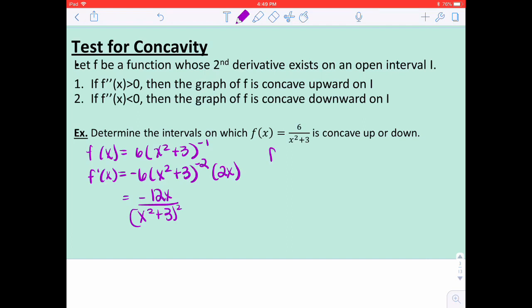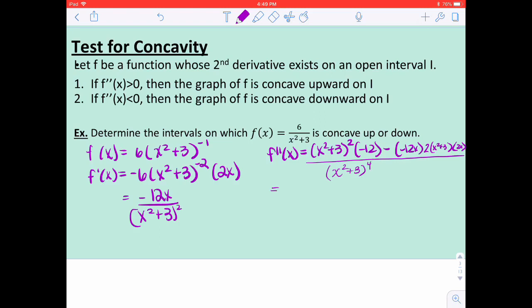Okay, so we got the first derivative, but we need the second derivative. So let's take the next derivative of that. The bottom times the derivative of the top, minus the top times the derivative of the bottom, which is chain rule, so x squared plus 3 times 2x, all over x squared plus 3 squared, which is to the 4th.